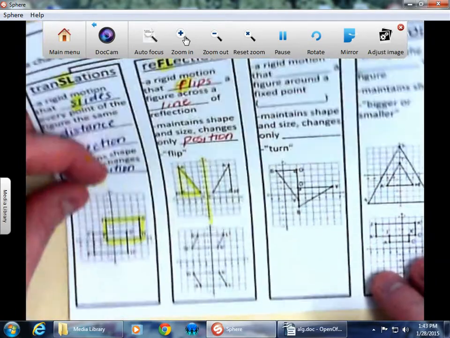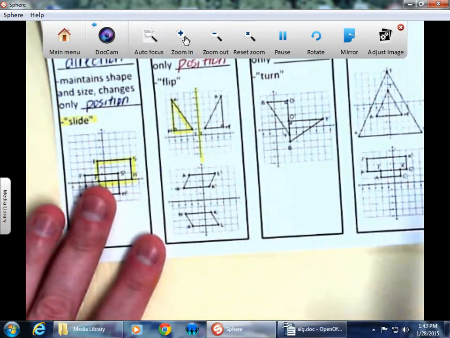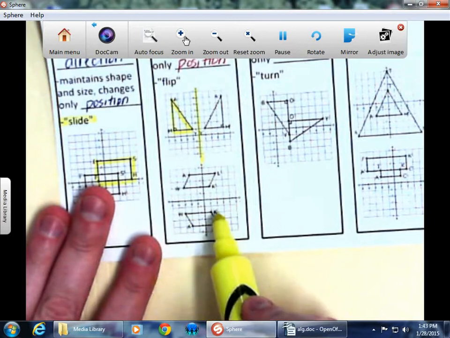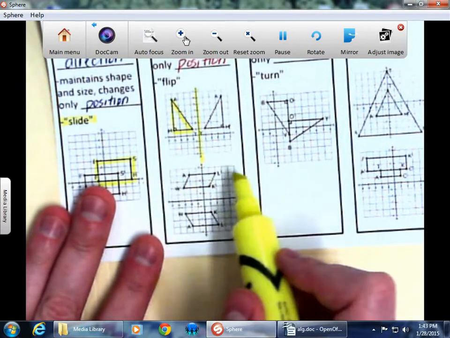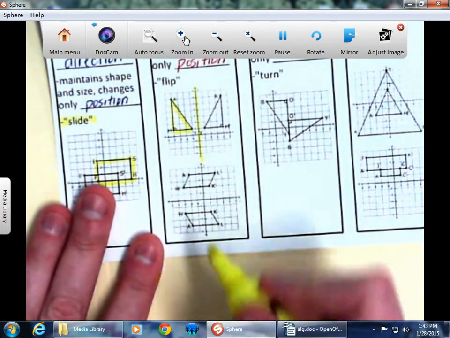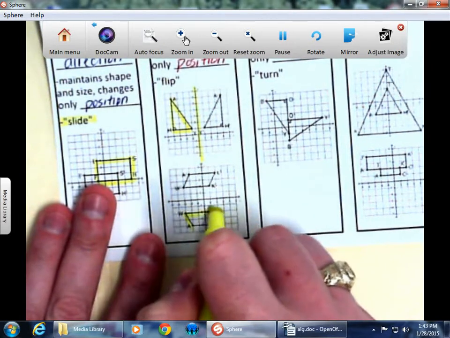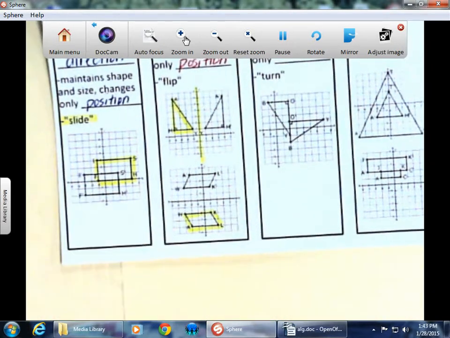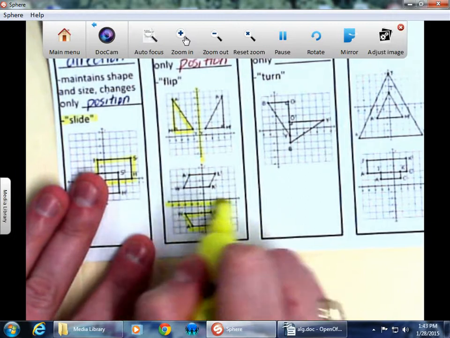This one has WALK and W prime, A prime, L prime, and K prime. So this time the one on the bottom is the one we'll highlight for our pre-image. It's the one without the prime. And instead of flipping over the Y-axis, this one flipped over the X-axis. So highlight the X-axis there.